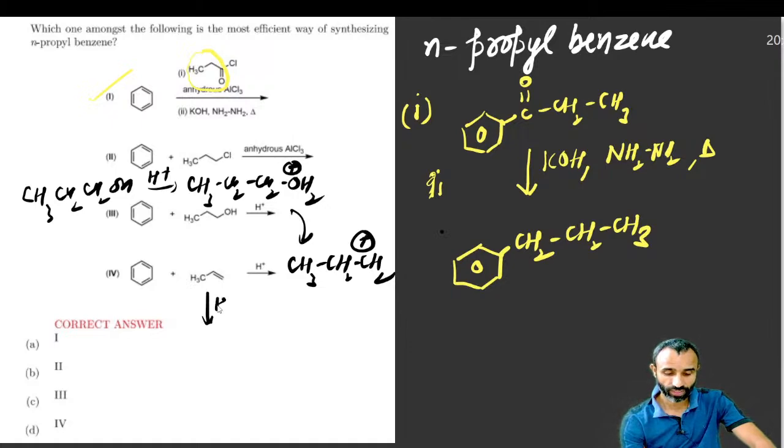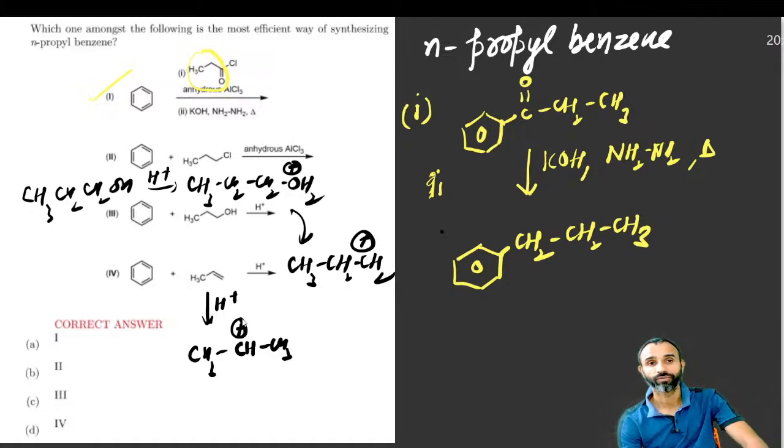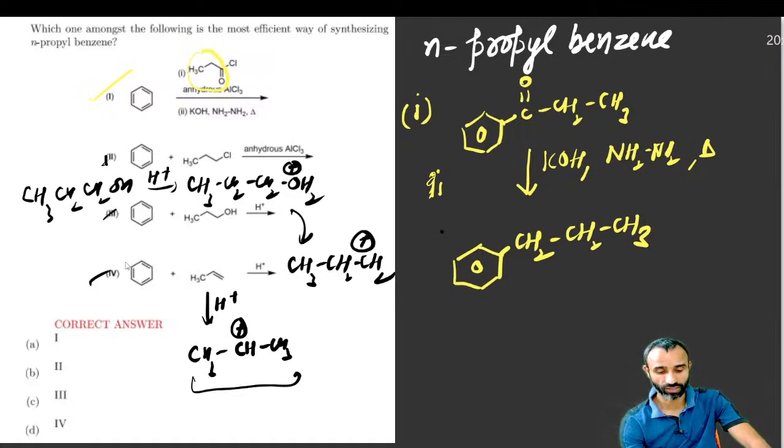In this case, in the presence of H plus, we get this carbocation, because H plus is added first in the alkene. So more stable carbocation is formed, means in all the three cases we get isopropyl benzene as the major product.